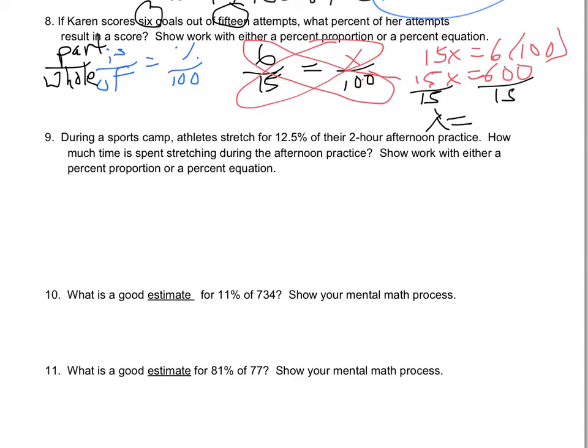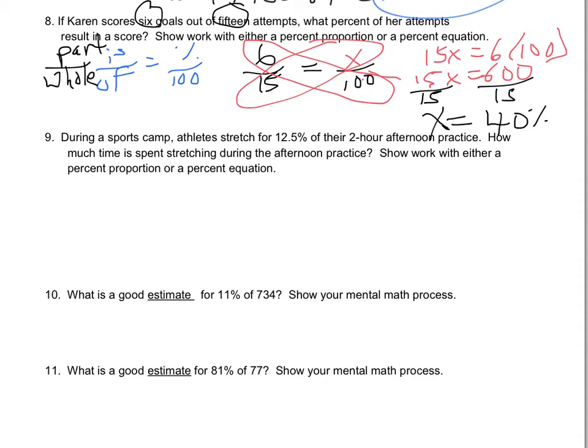X equals 600 divided by 15 is 40. So again, it's not just 40, that means 40%. All right. So again, you'd write that as a sentence. 40% of Karen's goals result in a score.